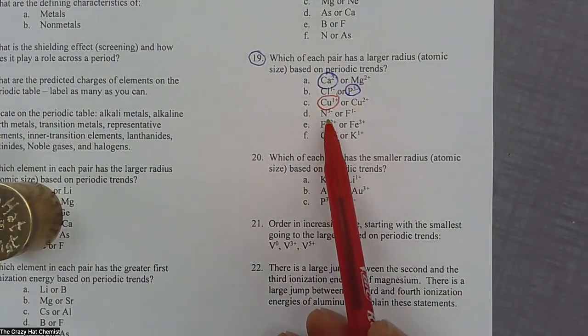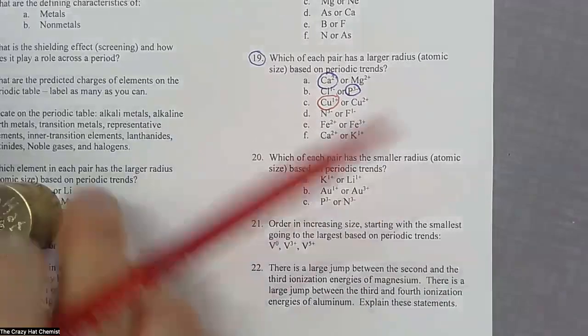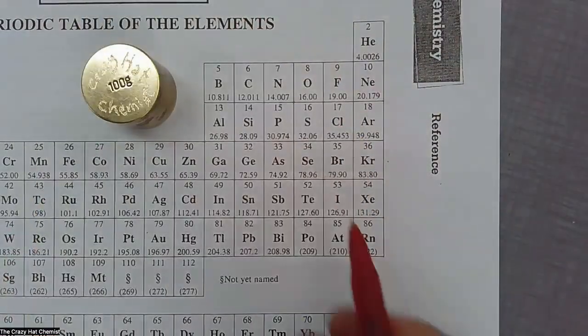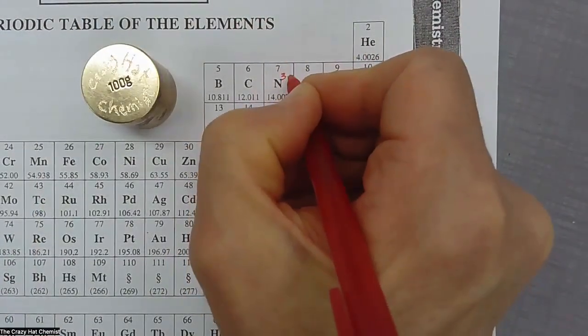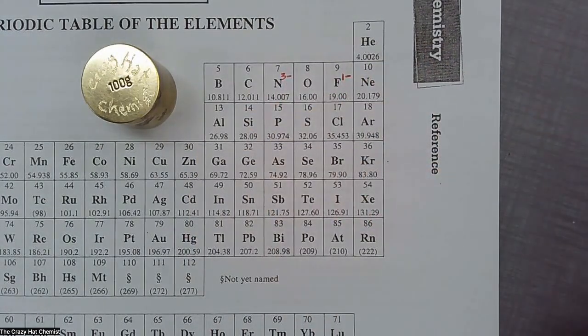Our next problem is nitride ion versus the fluoride ion. And so let's take a look at nitride and fluoride. Nitride is right here at a 3- charge. Fluoride is right here at a 1- charge. These are the periodic trends of these ions based on their location on the periodic table.